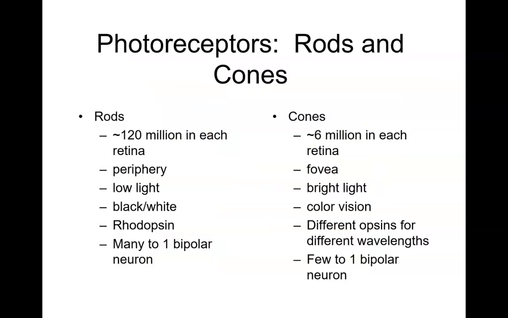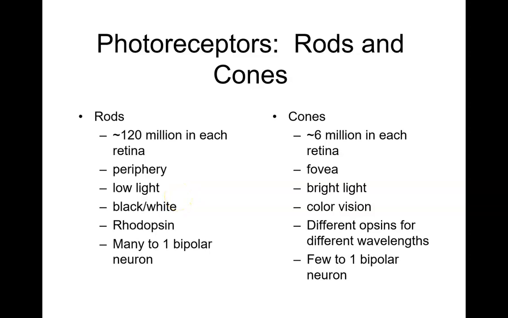So let's kind of break down the difference between our rods and cones. We have about 120 million rods in each retina, and as I kind of said, they tend to exist more in the periphery. They work best in low light. They do not code for color. They code for black and white.